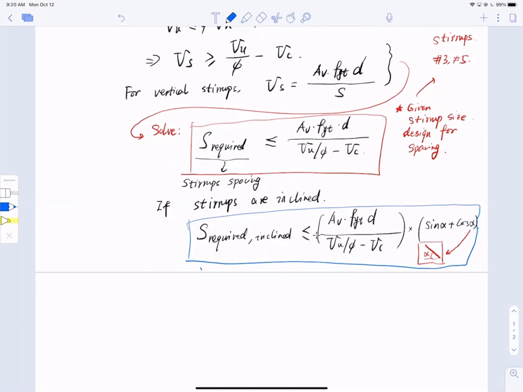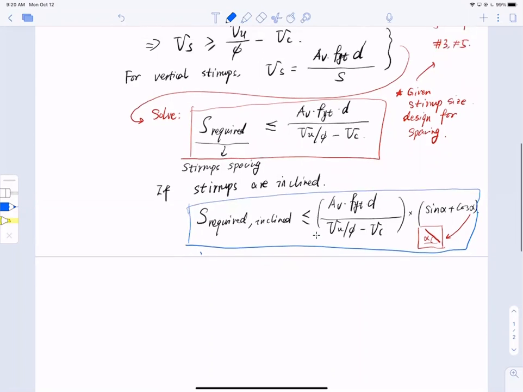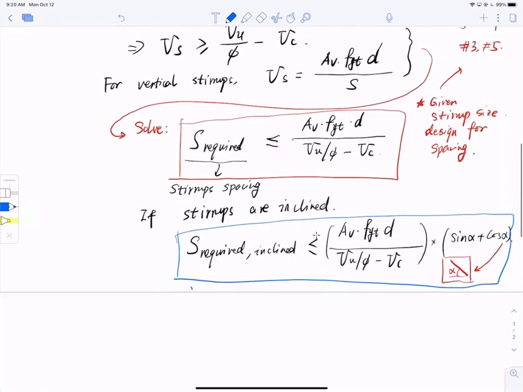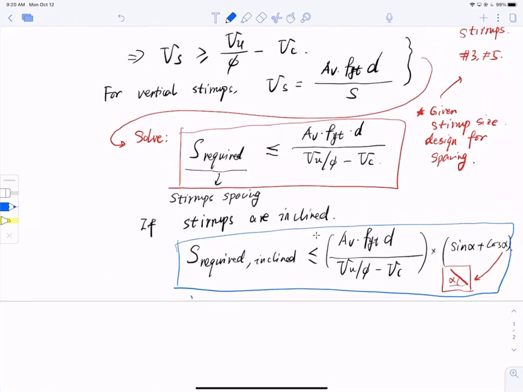So now, if your VS comes negative, if VS is smaller than or equal to 0, that means concrete is enough, or that is phi VC, actually half of it.